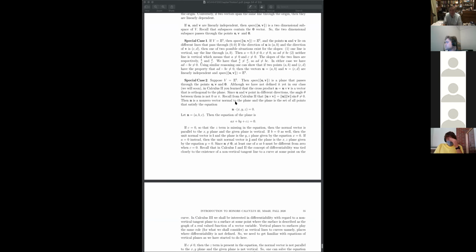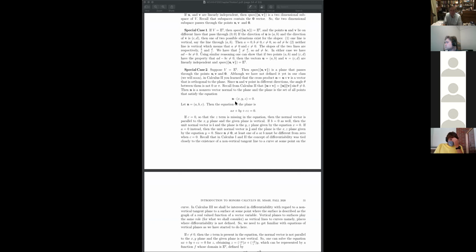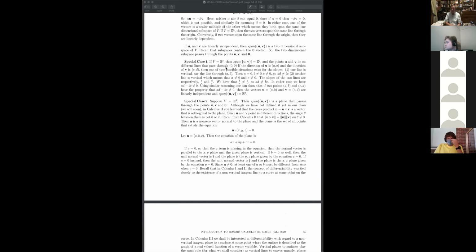Okay, and the last part here in these notes has to do with equations of planes. And so what we do is we generalize the idea of a line, as I just said. We had equations of lines without normal vectors, but with the equation of every line, there is a normal vector.